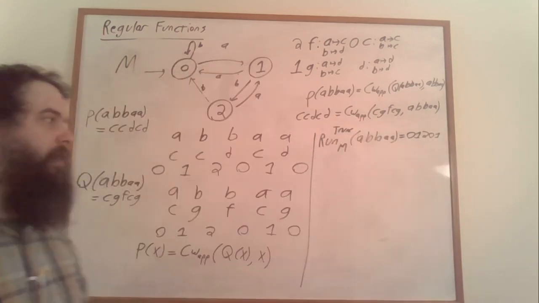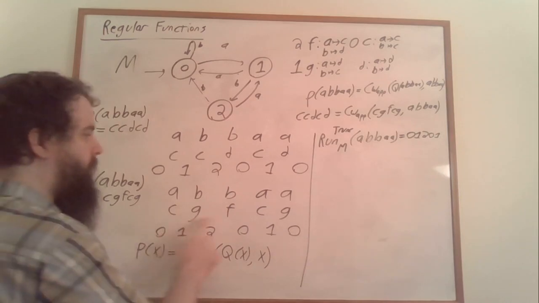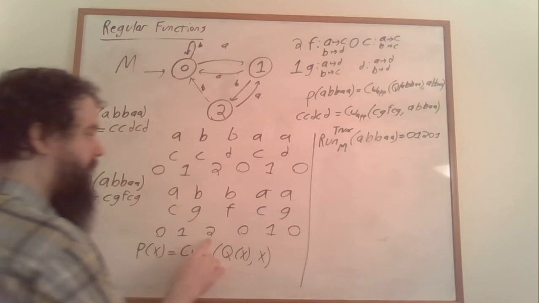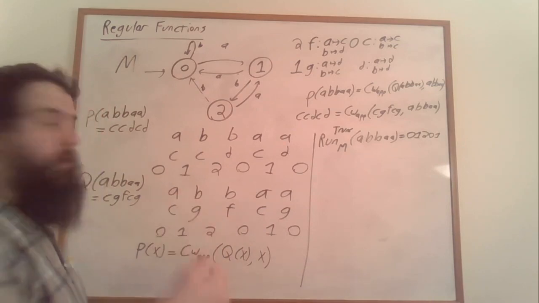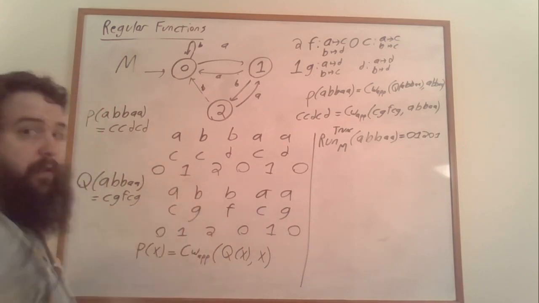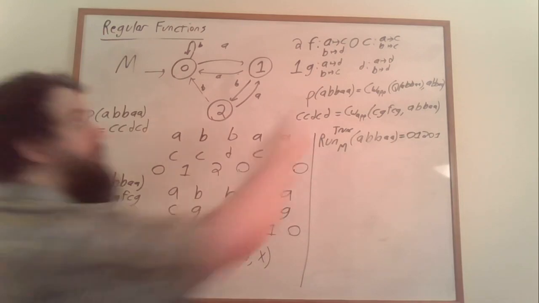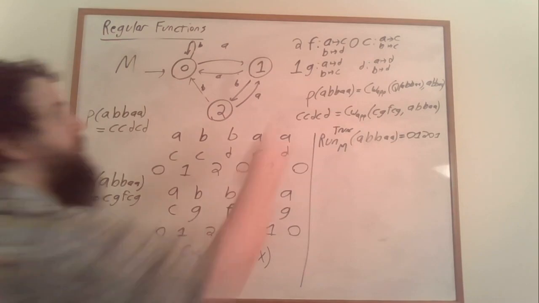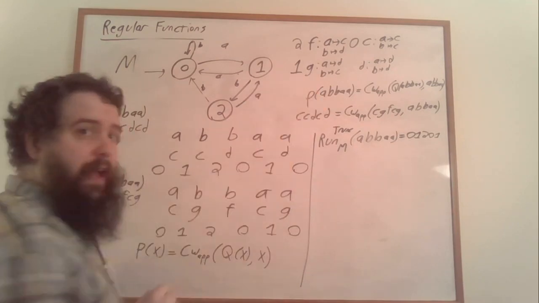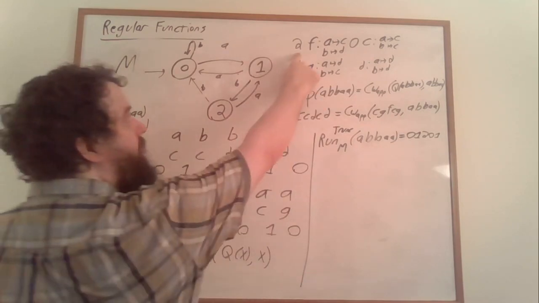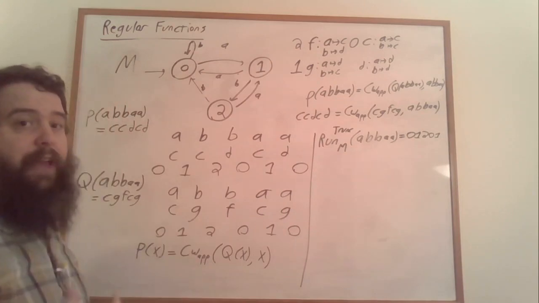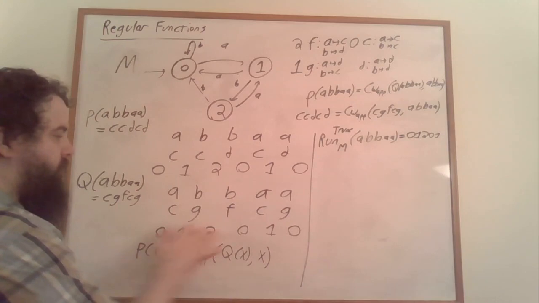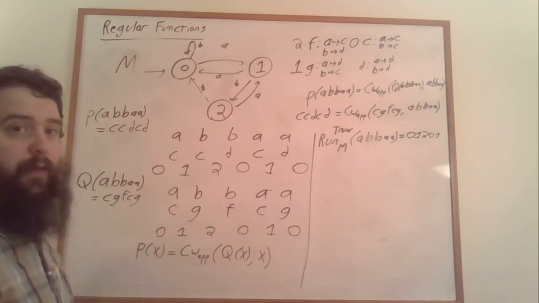Now, here's the thing. These output characters only depended on the state that we were in going into reading that particular input, right? If we were in state 0, we necessarily had to output a C. If we were in state 1, we necessarily had to output a G. And if we were in state 2, we necessarily had to output an F. So these characters here are determined by the states that we're in.